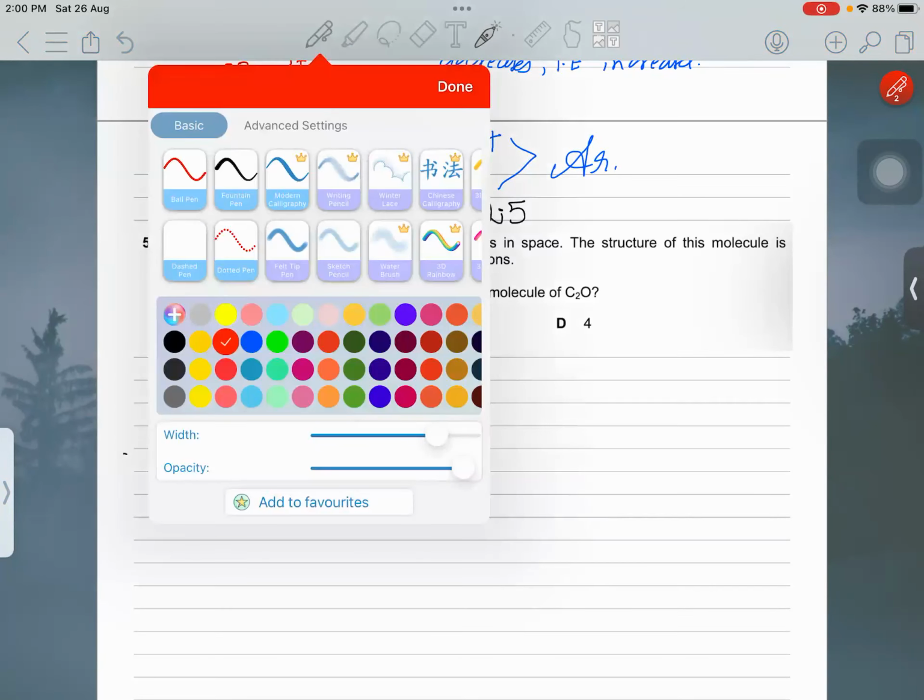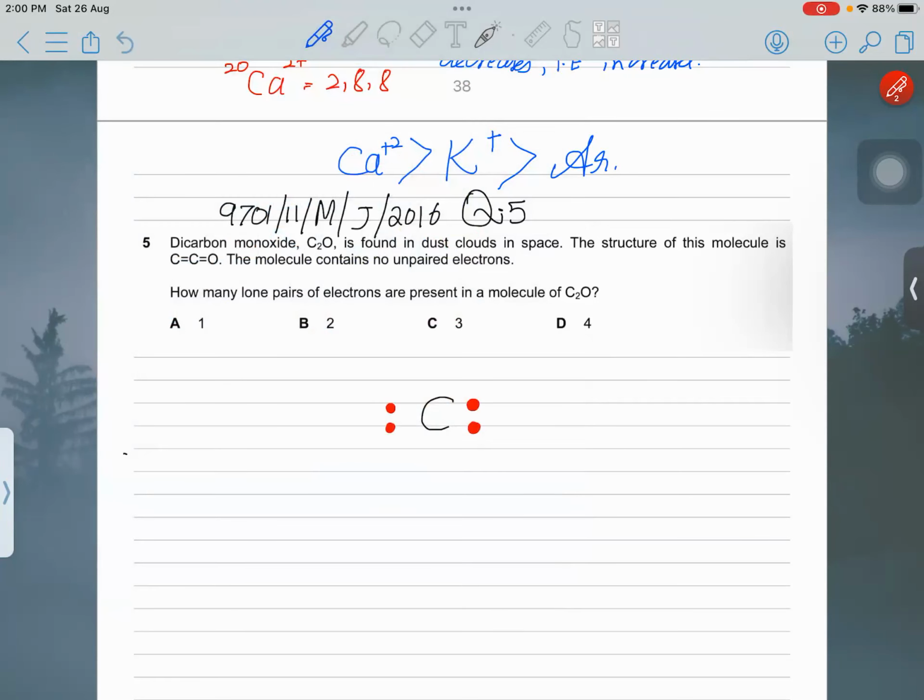And oxygen? Oxygen is group 16, so it must have 6 electrons in its outer shell. Exactly.